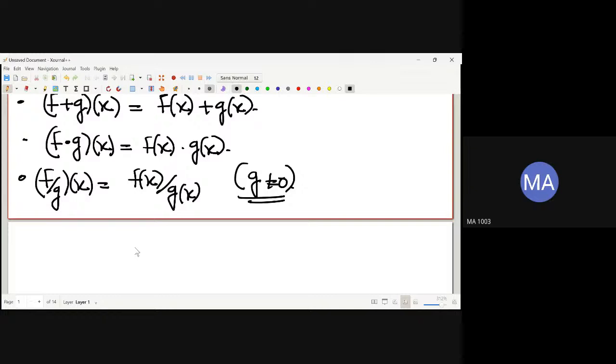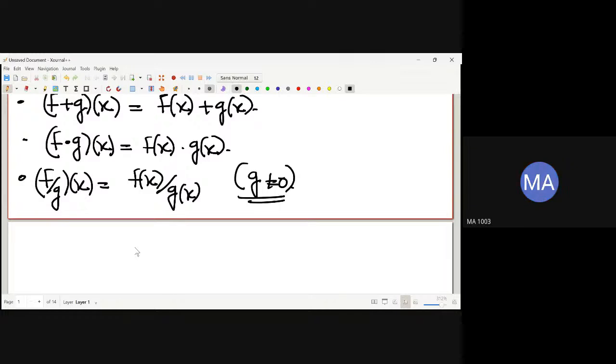What did you study when you studied the derivative for a one variable function? What does the derivative basically give you? The instantaneous rate of change.